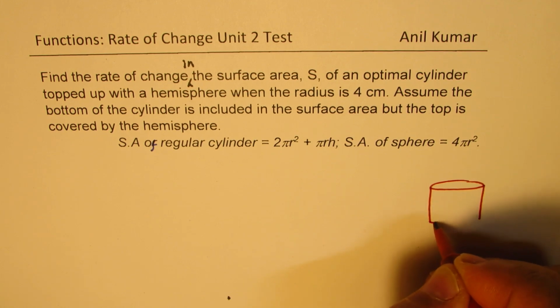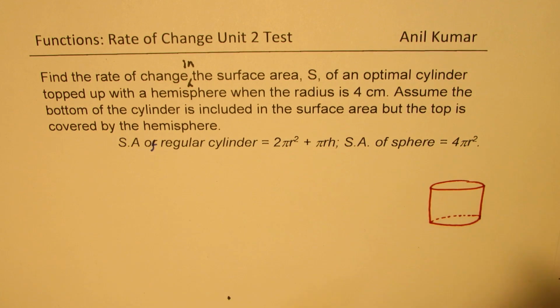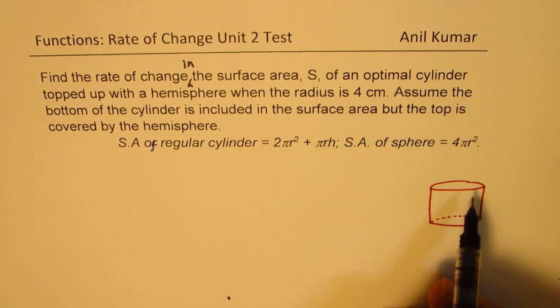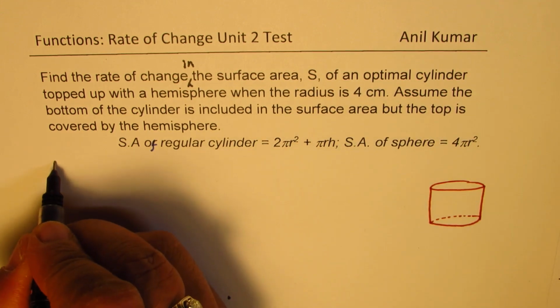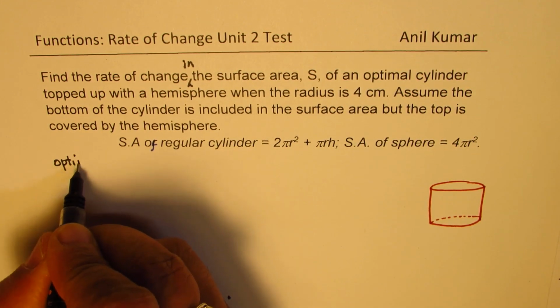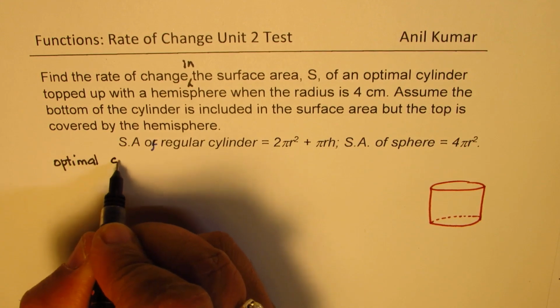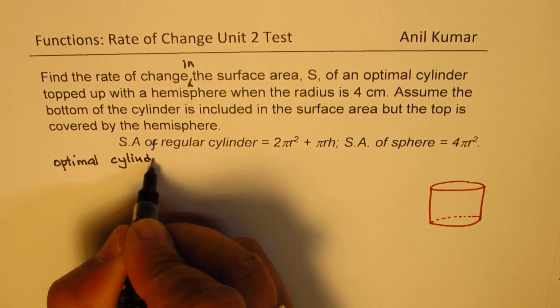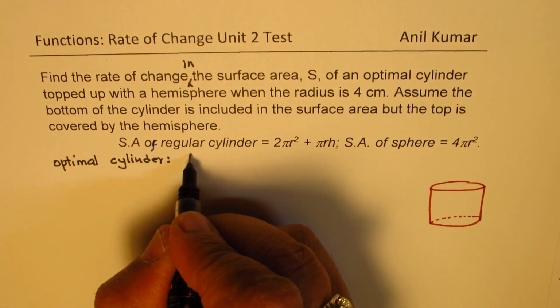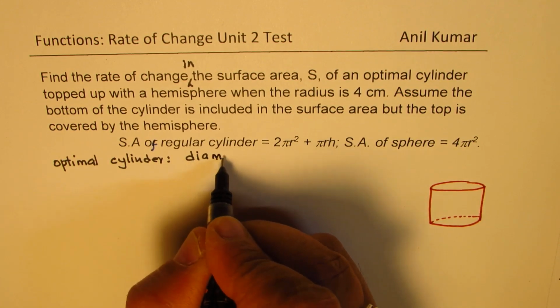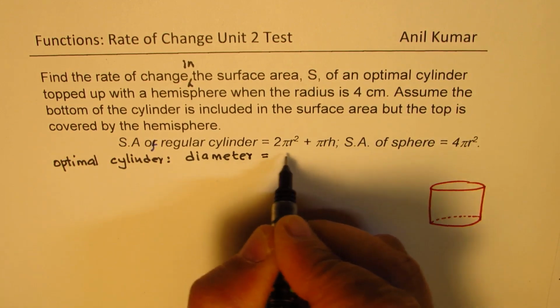Now when we say optimal cylinder, it means what? Now that is interesting. Optimum means that diameter is equal to height. So the first thing you should understand is what an optimal cylinder is. That means diameter equals height.